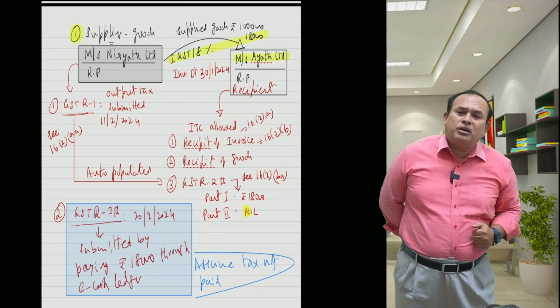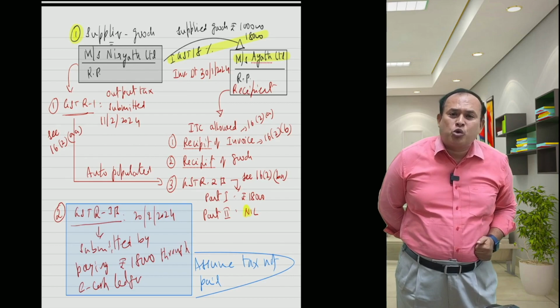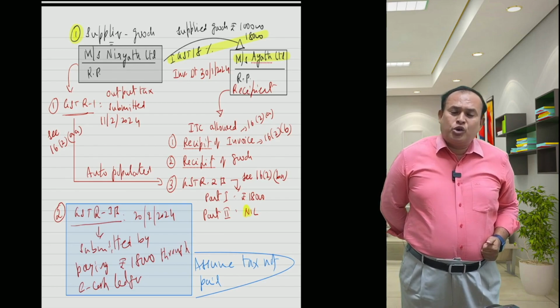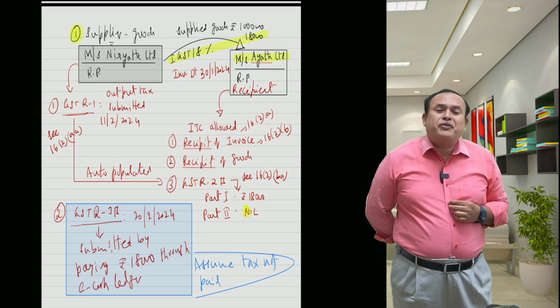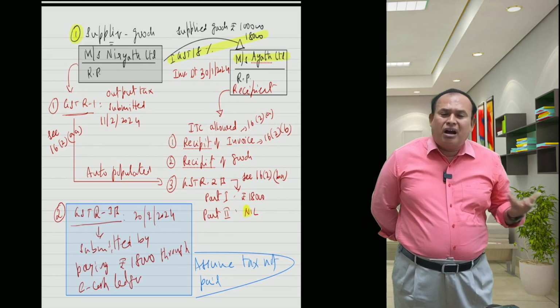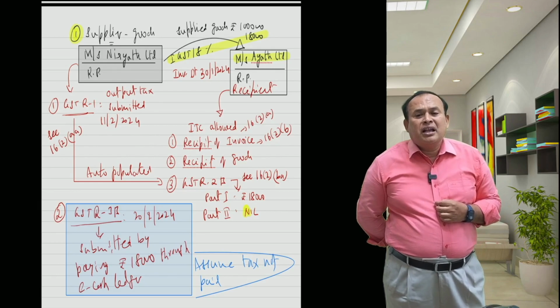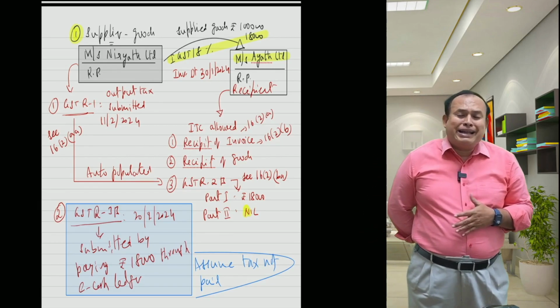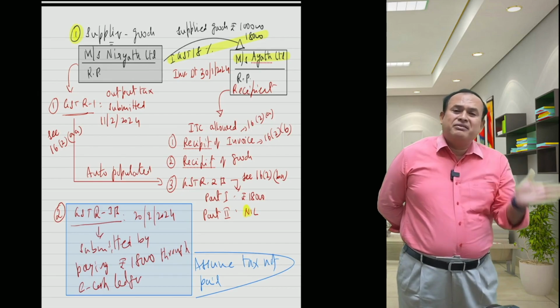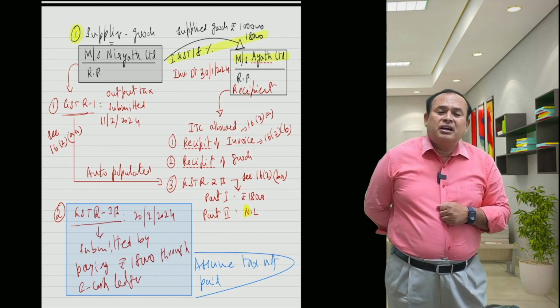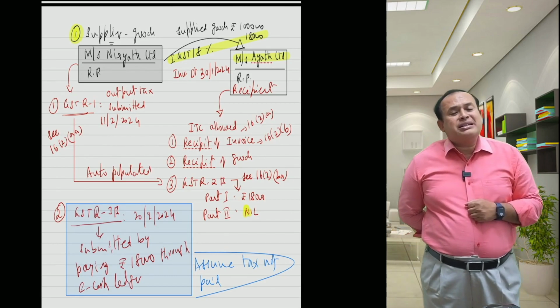A couple of days before, when I was talking with one of my students who is a qualified CA, he told me, sir, one of my clients has not paid the GST for the past 6 months. The Directorate General of GST, DG GST, came for investigation. I asked, why not pay the tax?